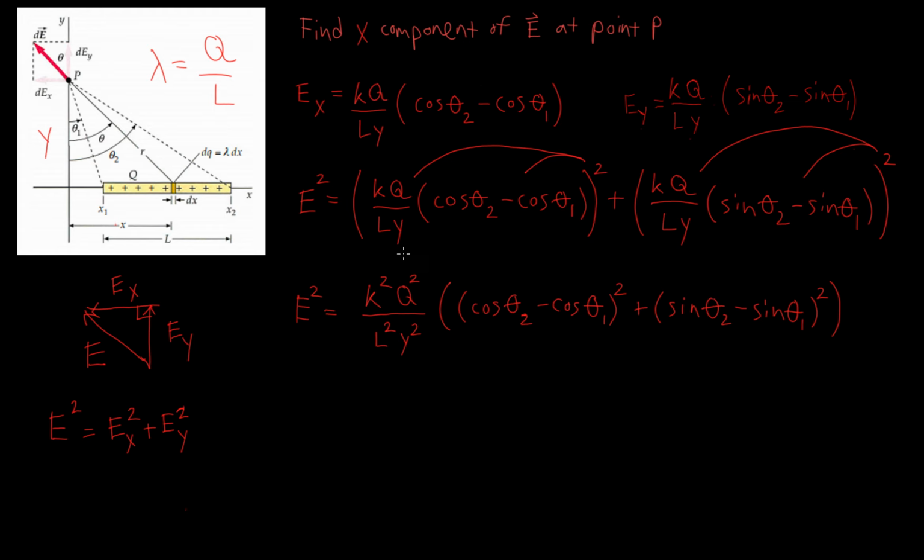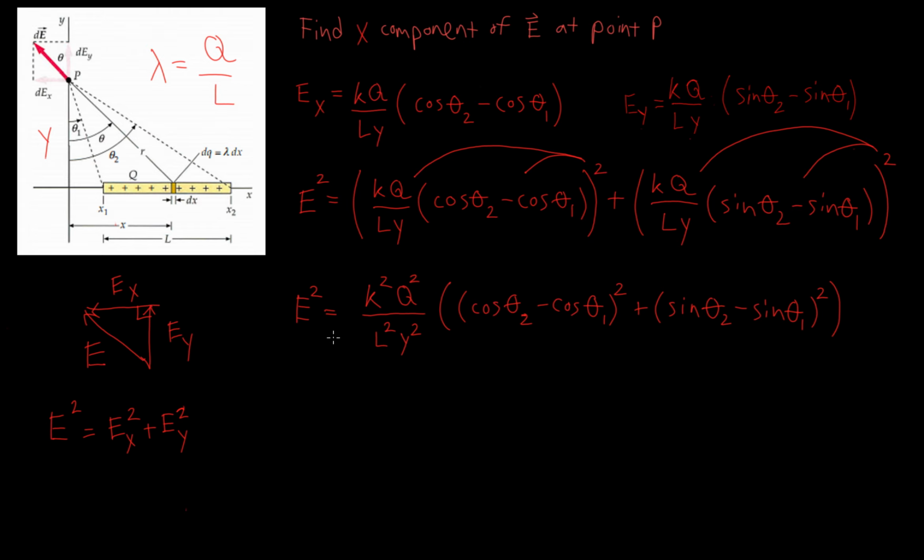If we do that, we get this expression right here. We factored out this k squared times q squared divided by L squared times y squared, because both of these terms have this expression in common. Our final step is to take the square root of both sides, since the electric field here is squared.